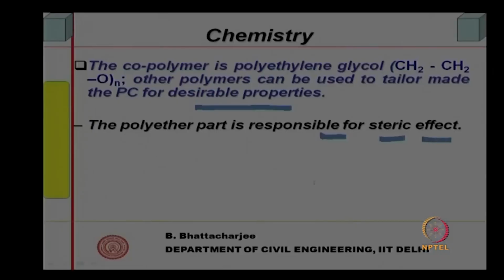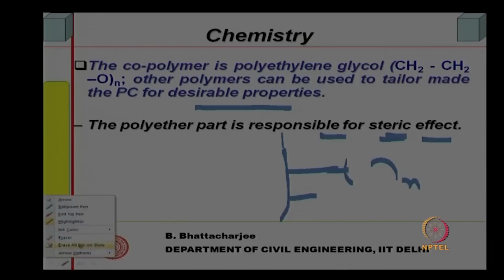The polyether part is responsible for what is known as the steric effect. The structure is a comb: this is your main chain, the polycarboxylate chain, and here is the ether chain, the polymer. This effectively increases the size of the particle and causes further dispersion by size effect, which is known as steric effect. We will come to that later.